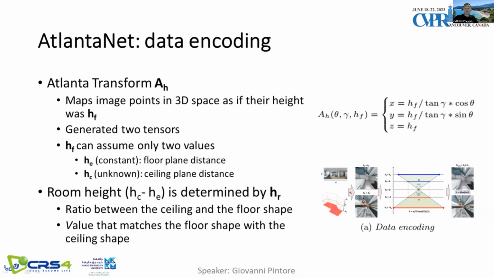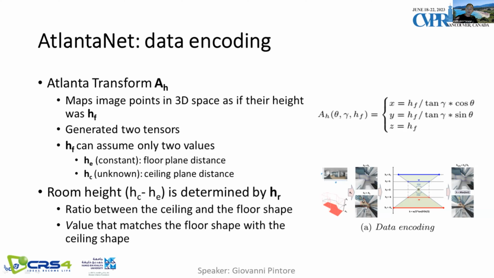The 3D layout of an Atlanta model is fully defined by the two-dimensional shape, the 2D footprint of the layout, and the ceiling distance. As a consequence, the height of the room is determined by the ratio between ceiling and floor shapes.